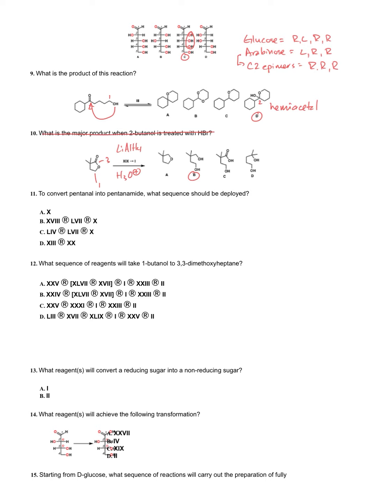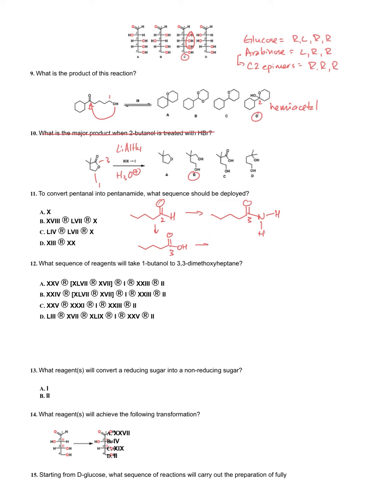Question 11, we want to convert pentanal into the primary amide. So what we need to do, this is at oxidation state 2, this is 3. We need to treat with MCPBA. So that generates the oxidation state 3 from the acid via migration of the CH bond.